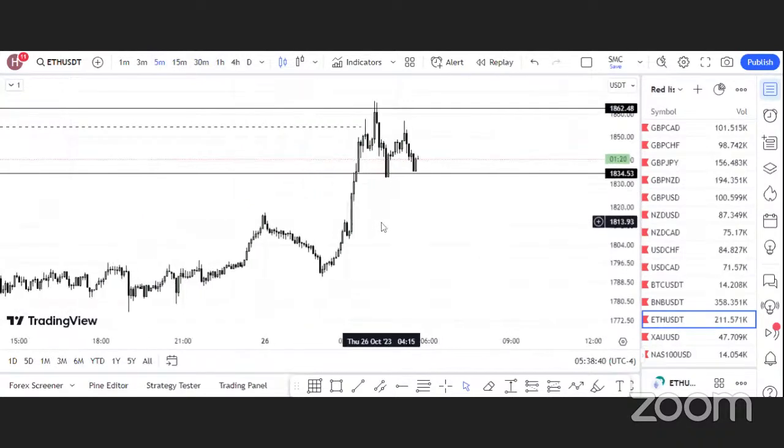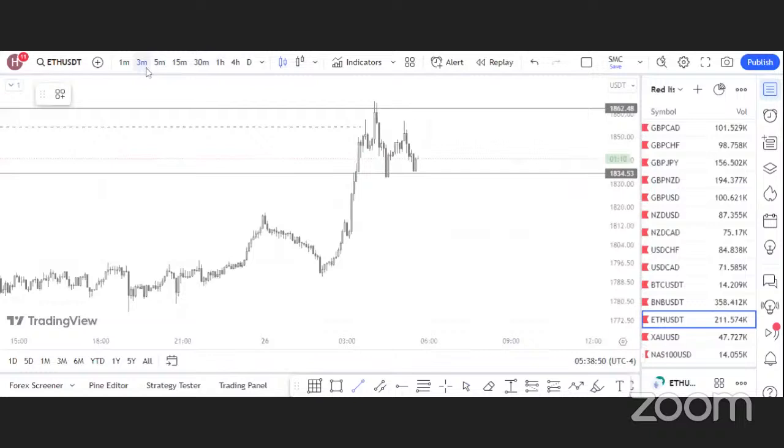So these are the kind of things I want to see on the lower time frame. You see, I would have taken this trade if I got it early, but let's still make analysis and see if we can see it. Yeah, let's go to the 1 minute.